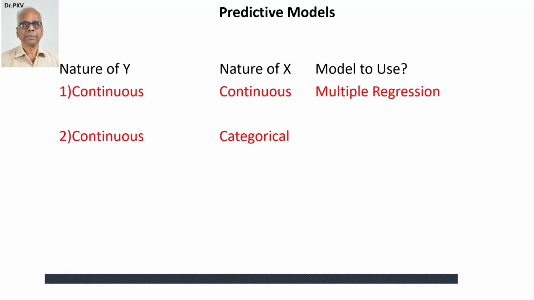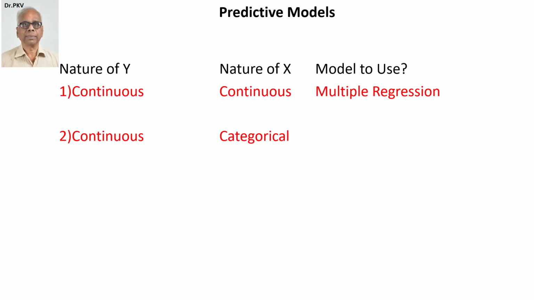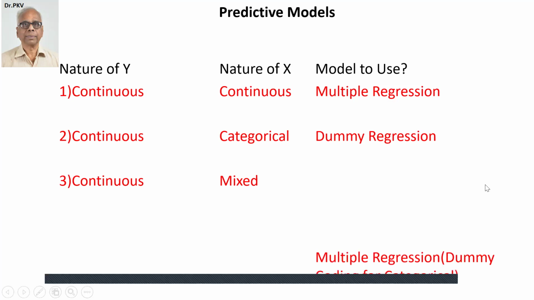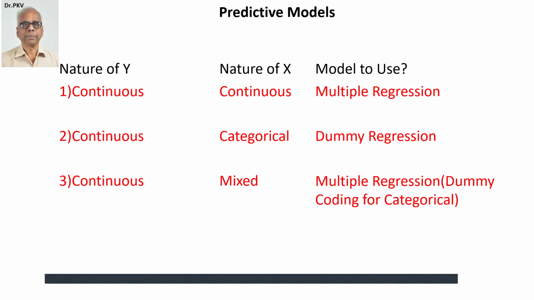When y is continuous and x is categorical or qualitative in nature, then we use a dummy regression model. When y is continuous but x is mixed, let's say some features are continuous and some features are categorical, then we use a multiple regression model with dummy coding for the categorical variables.